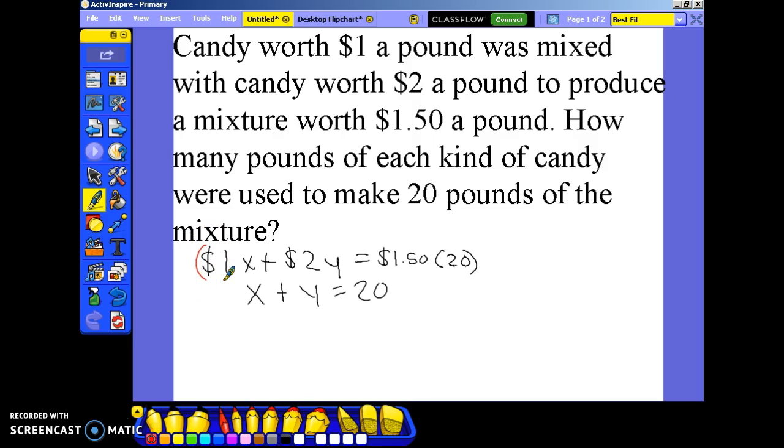So I'm going to multiply this first equation by -1. -1 times x is -x. -1 times 2y is -2y. And -1 times $1.50 times 20. $1.50 times 20 is going to be 30.